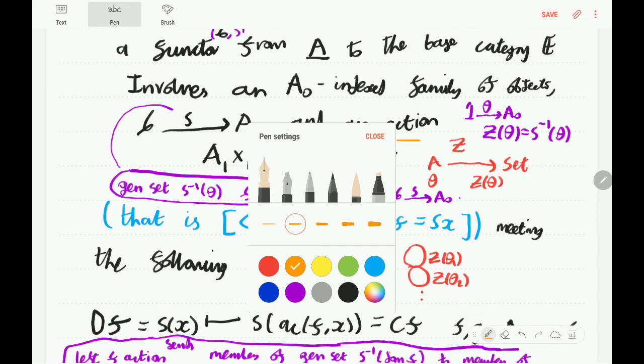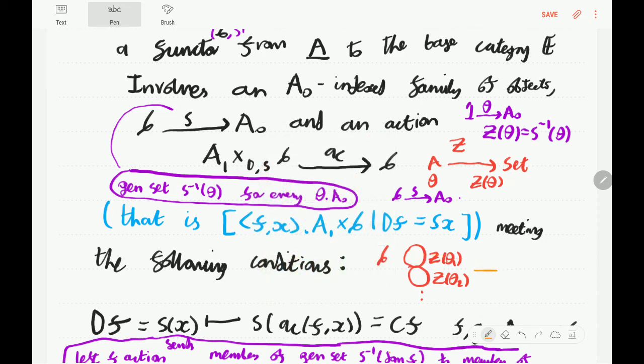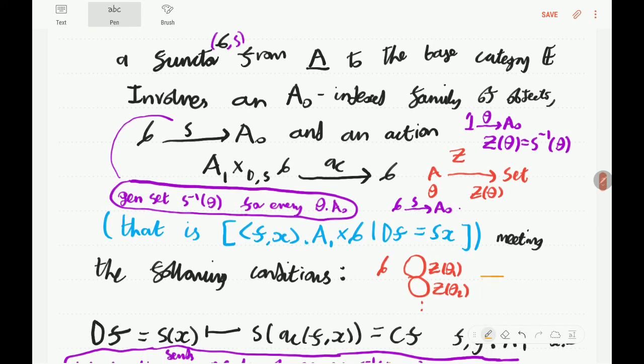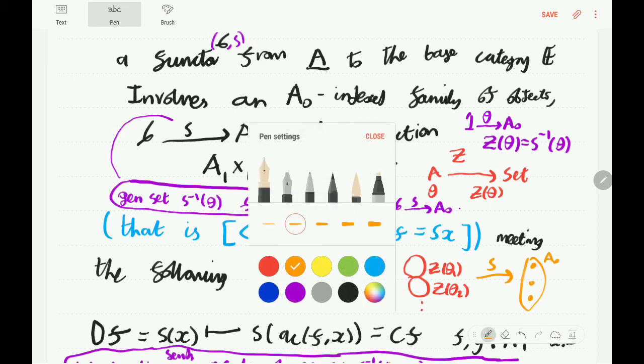And then we think of these as sort of fibers over S. So we have this arrow S that's taking these into these objects of A naught.